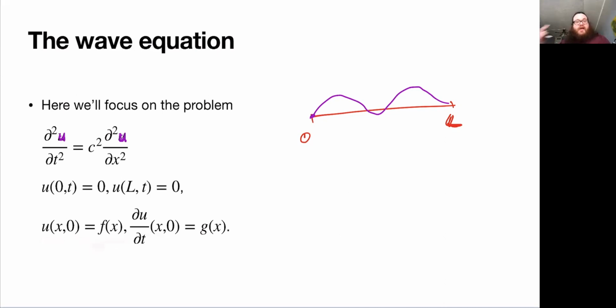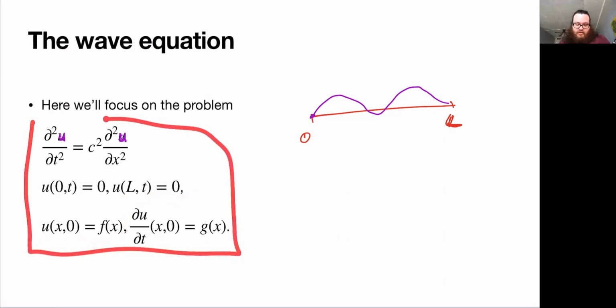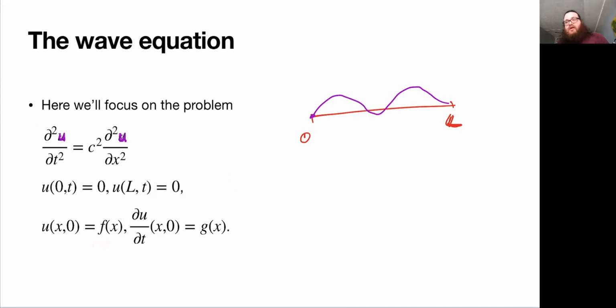But we also need a second piece of information, so we're going to describe the initial velocity of the string at time 0. All of this information is enough to uniquely determine the solution to this problem.